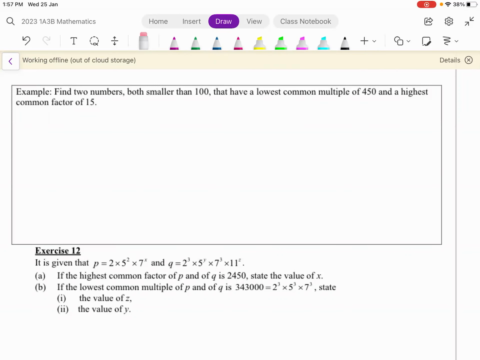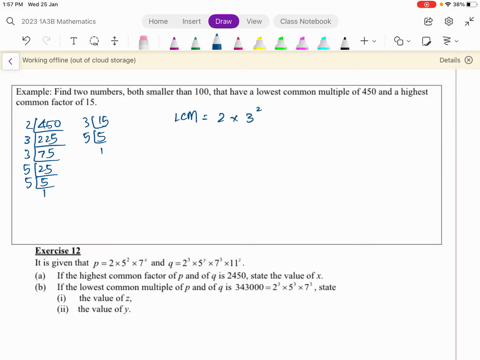LCM, which is 450, we break it down again to 225 divided by 3, 75, 3 again, 25, 5, 5, 5, and 1. And then our 15 is simply 3 times 5. So you write LCM 2, 3 square, 5 square.